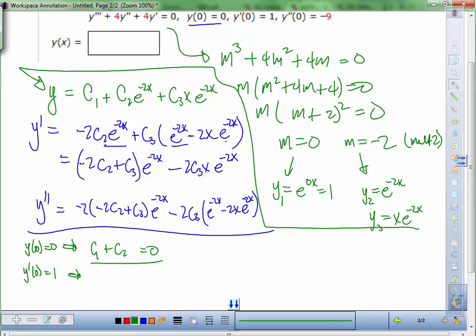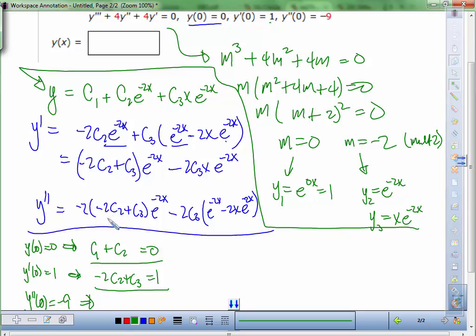Now the first derivative evaluated at 0, we'll get rid of the second term, and I will just keep minus 2c2 plus c3 equal to 1. And then second derivative, y double prime of 0 is equal to -9.